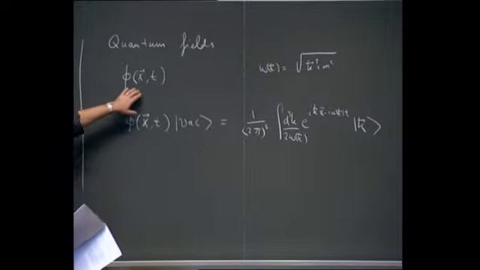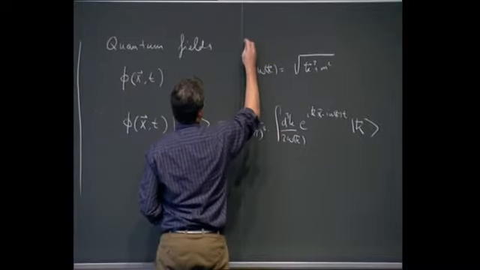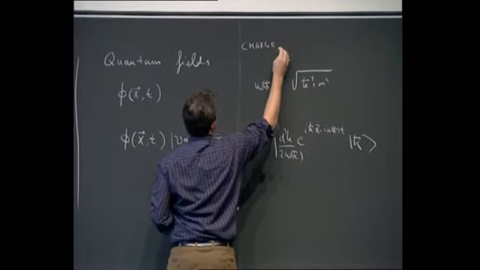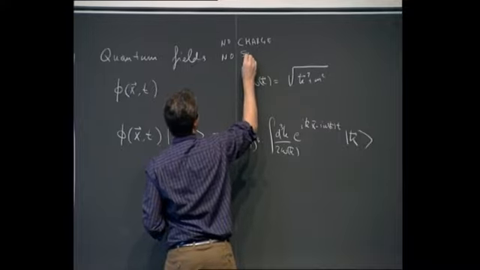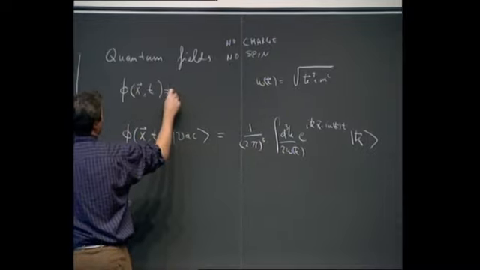An important thing about these operators is that we want them to be Hermitian. So the situation I will be considering first will be particles with no charge and no spin. And in that case, these operators are Hermitian.